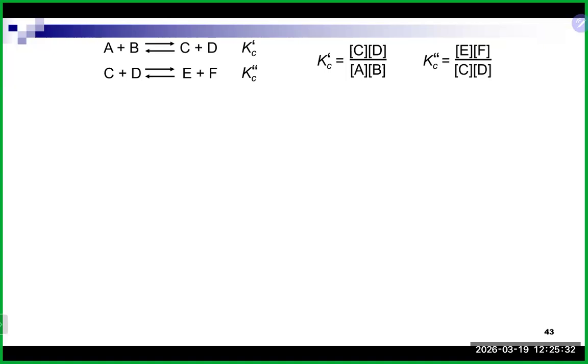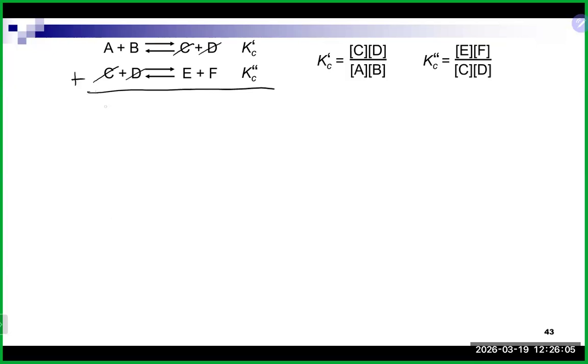There may be situations where you have a reversible reaction with an equilibrium constant, and maybe they want to know what the K value would be for the reverse of that reaction, or if you multiplied it by 2, or things like that. So if we take these two equations, A plus B goes to C plus D, and C plus D goes to E plus F, and we add these together, anything on opposite sides of the arrows will cancel out, so these are going to cancel.